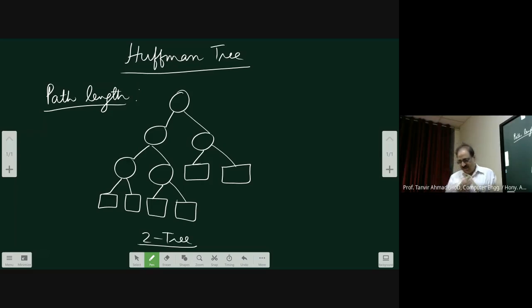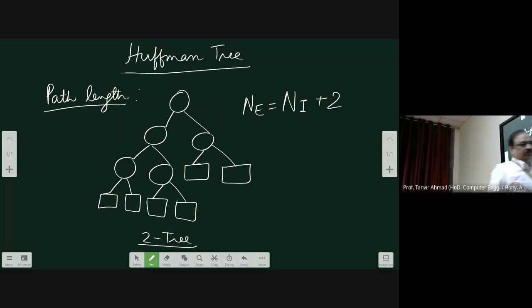Now here, to understand the formula: the number of external nodes is equal to the number of internal nodes plus 2. Sorry, not plus 2, plus 1.